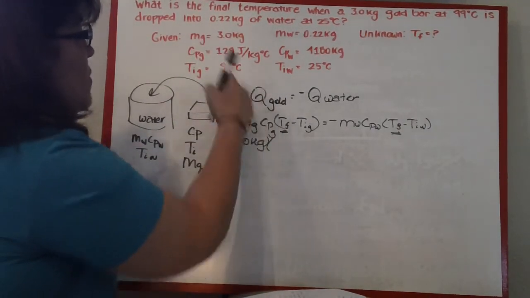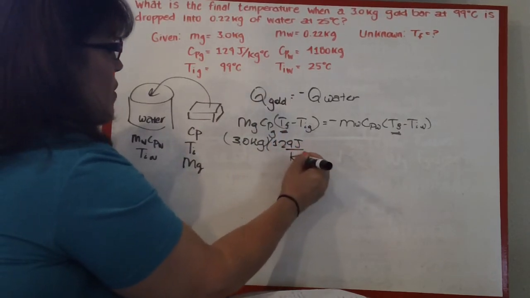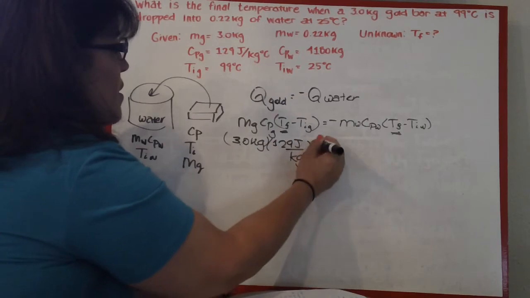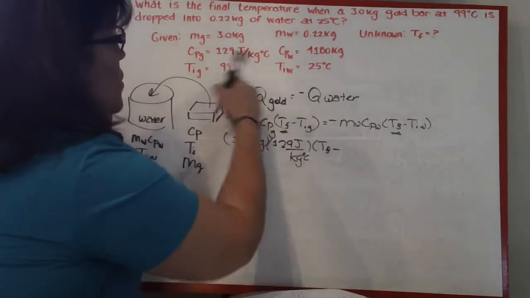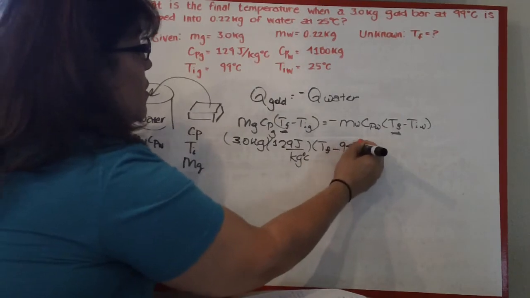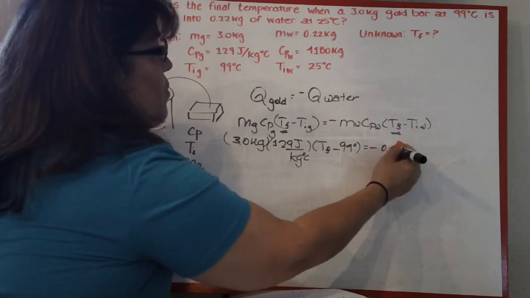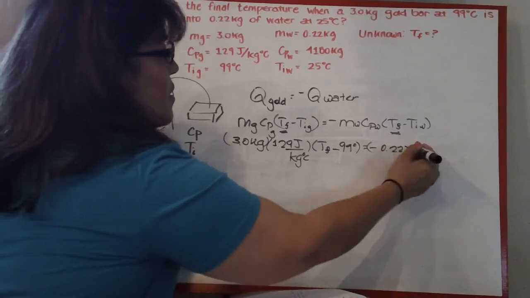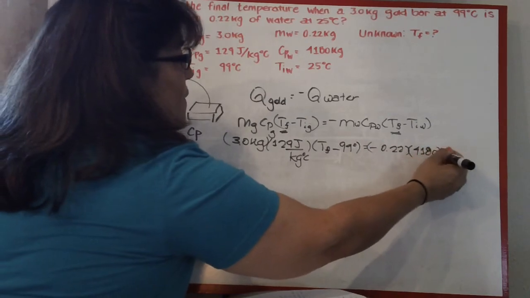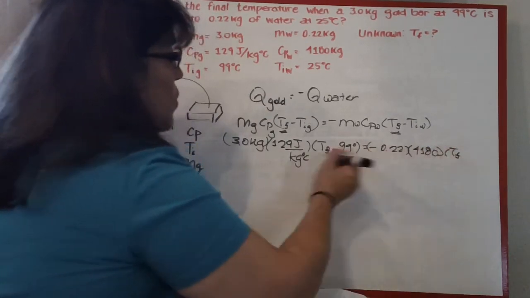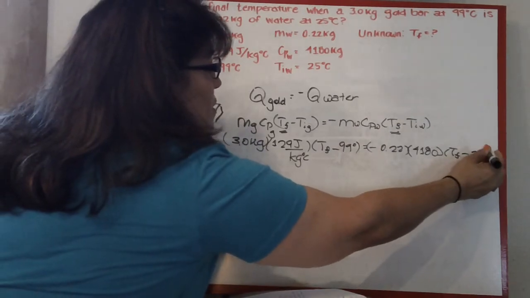We know the CP of the gold is 129 joules per kilogram degrees Celsius. We don't know the T final, that's what we're looking for. We know the T initial of the gold, 99 degrees, and that is equal to the mass of the water, 0.22 kilograms. CP of the water is 4180. T final is the same for both of them, minus the initial, which is 25 degrees.